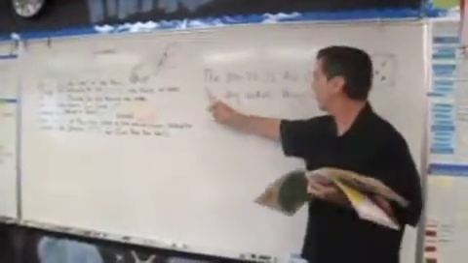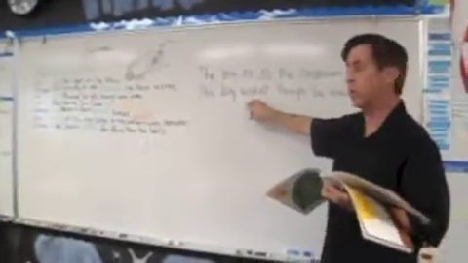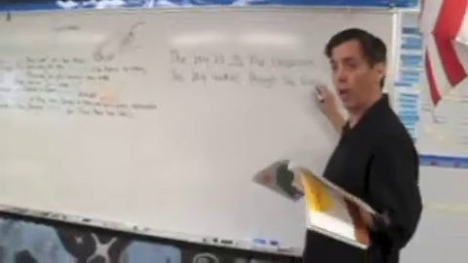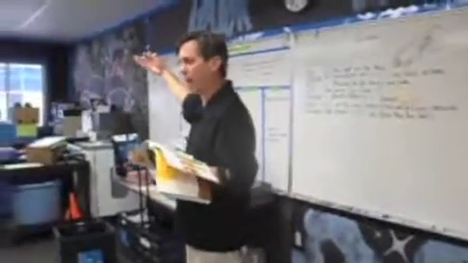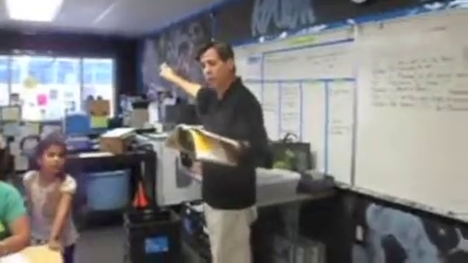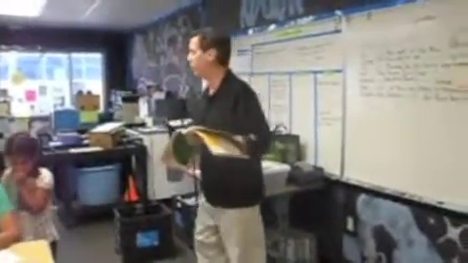Okay, repeat after me. The boy looked through the window. So what does that mean? He looked through the window, right? He was looking outside, but in order to look outside, you have to look through the window, okay?